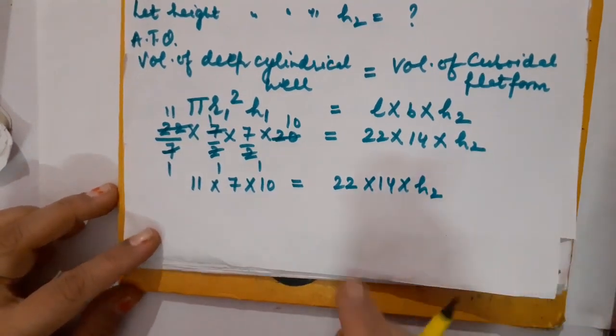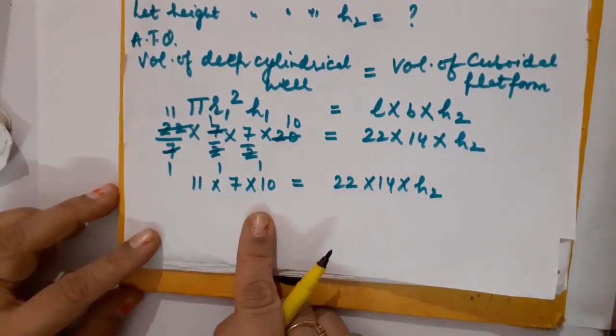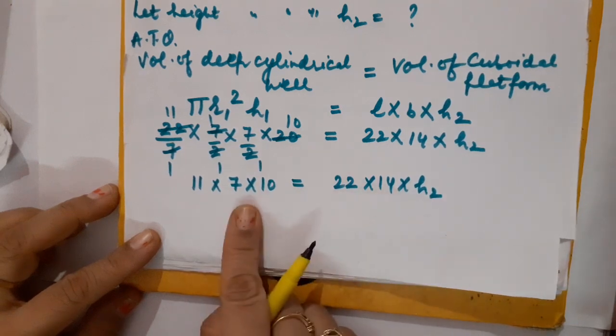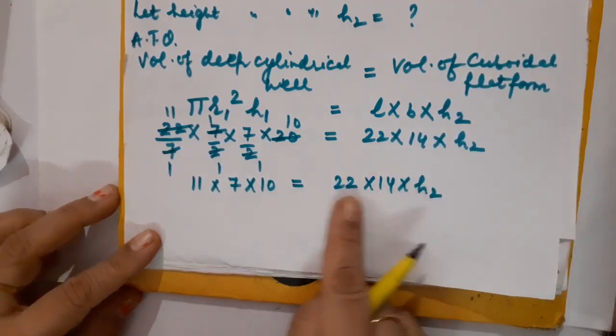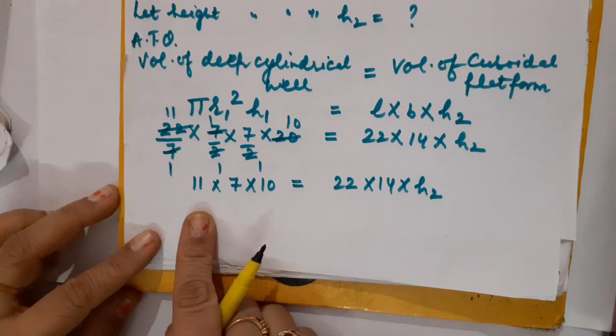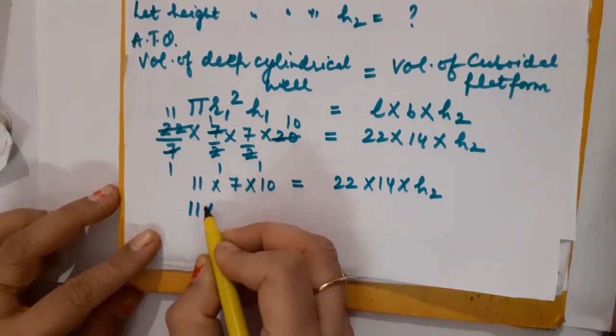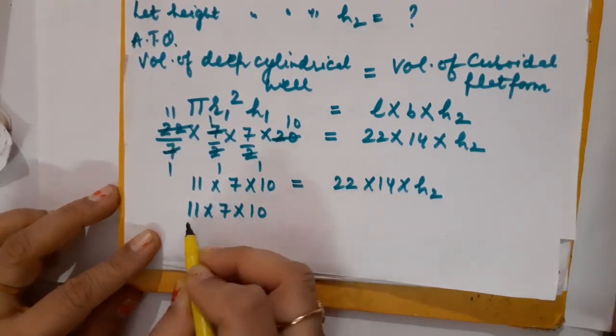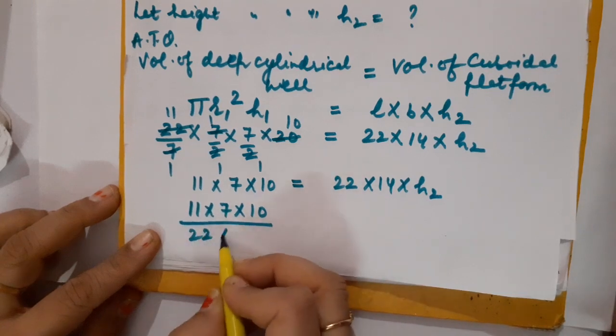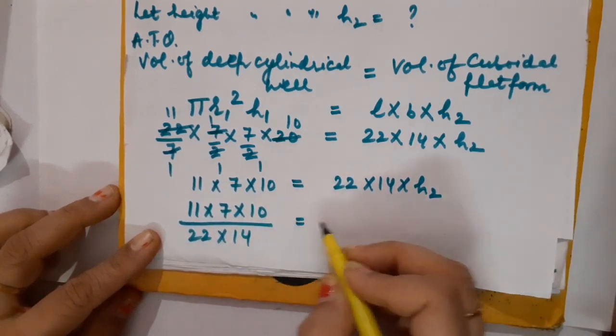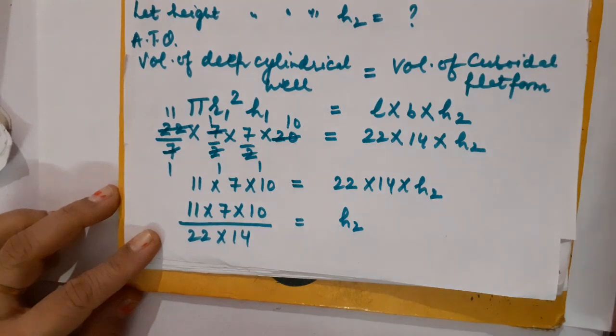Correct? So I am going to bring them down here on the left hand side. As they are multiplying, they must be divided over here. So it would become 11 into 7 into 10 upon 22 into 14 is equal to H2.